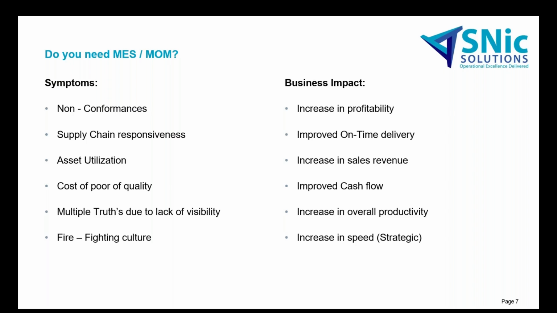Getting more from your production shop floor, from your people, from your machines, comes under the category of asset and resource utilization, and it has a direct impact on sales revenue.